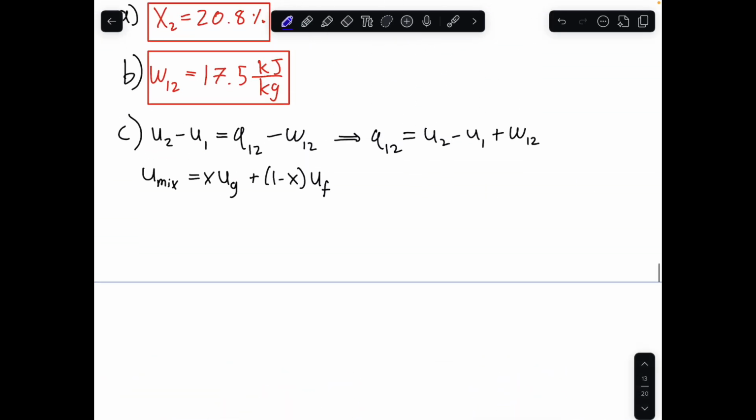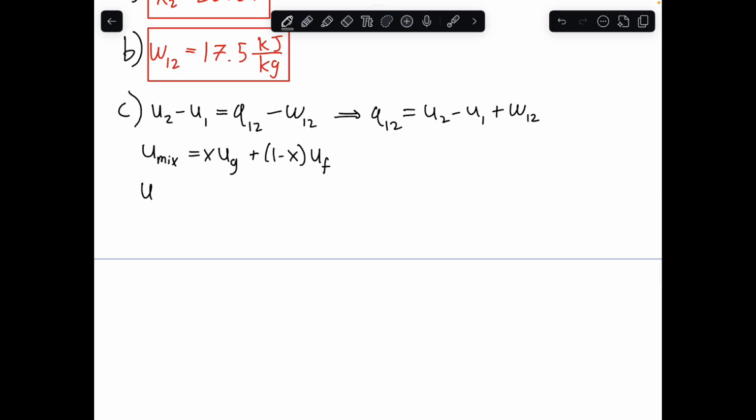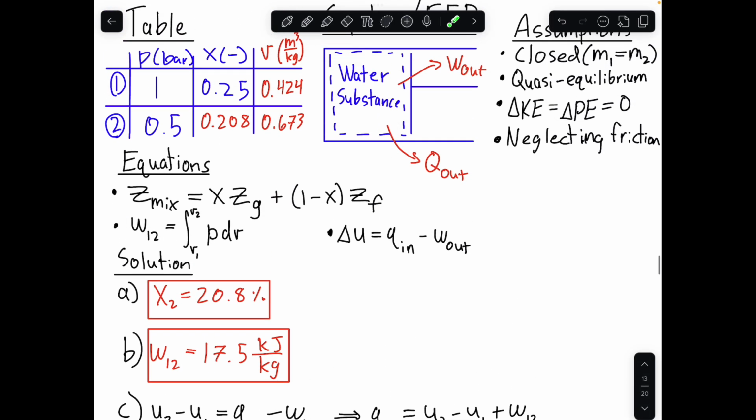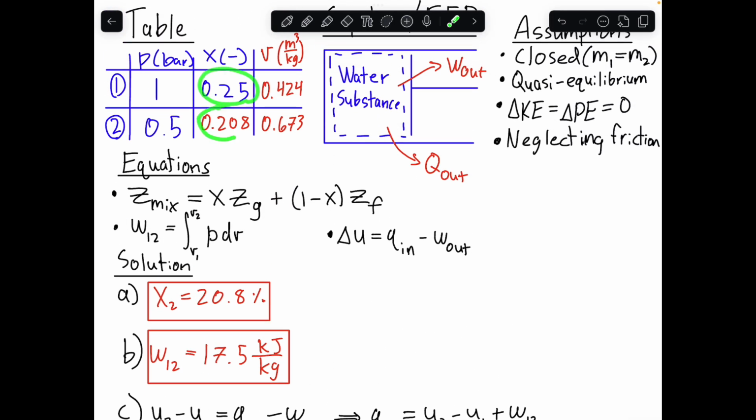So I'll scroll up here. Now we will have U at state 1 is equal to the quality at state 1, which is 0.25. Remember from our table up here, this is our x1, this is our x2.